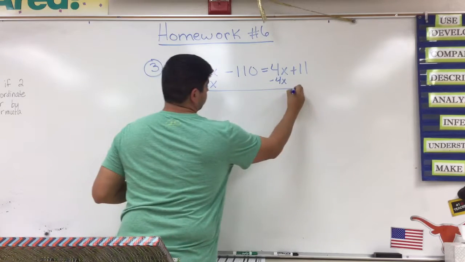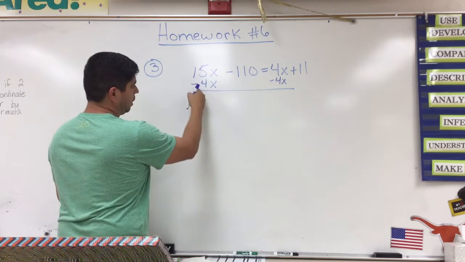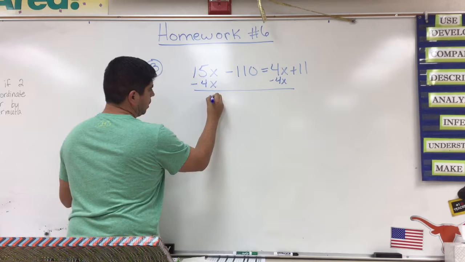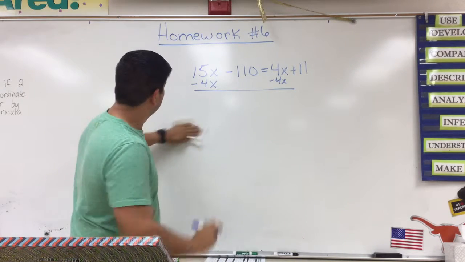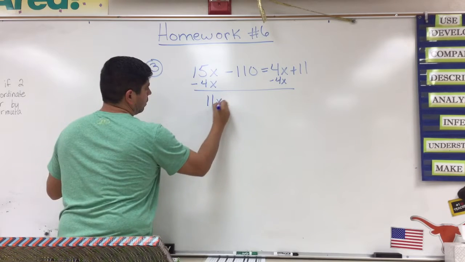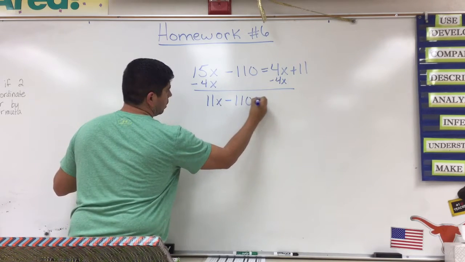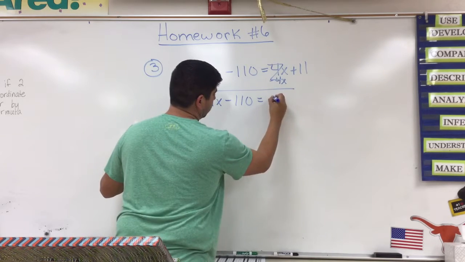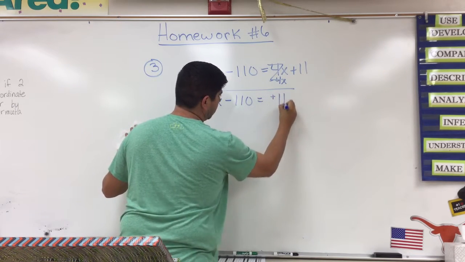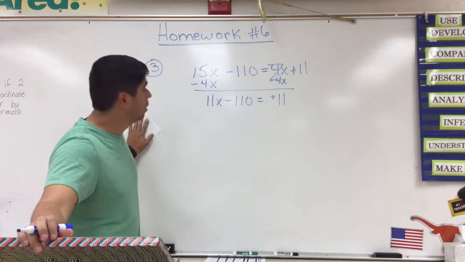Draw my line. 15x minus 4x is going to be, not 9x, it's going to be 11x. 11x minus 110 equals, now this zeroes out because it makes 0, and then we have 11. You can put plus 11 if you want, because it's not going to make a difference.